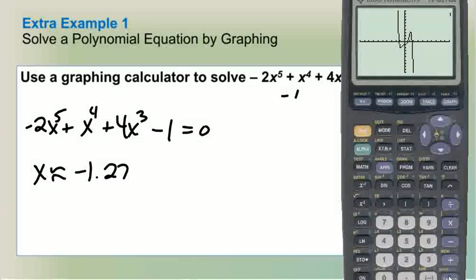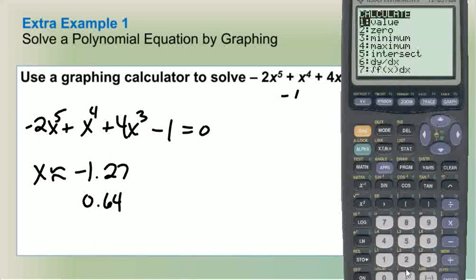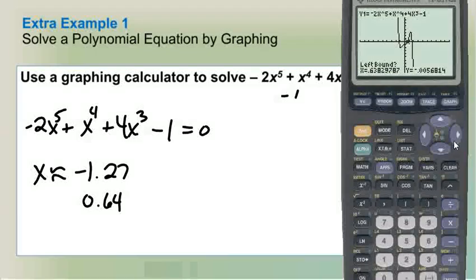Enter, and we get 0.64. And find the next one. Second trace, number 2. Left bound would be above the x-axis now. Enter, go below. Enter, enter a third time, and we get 1.65. So those are our 3 zeros for this particular question.